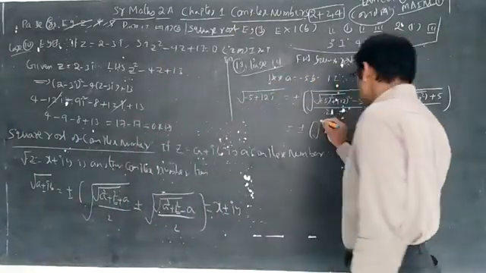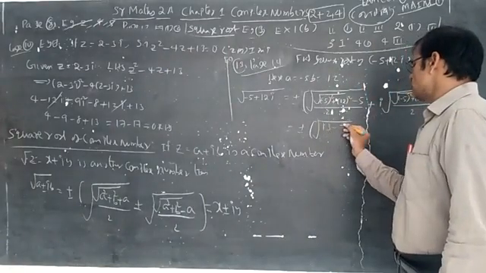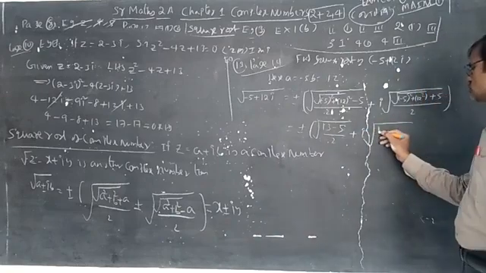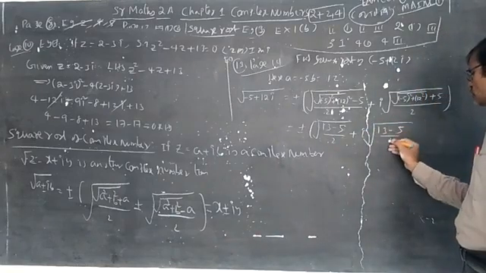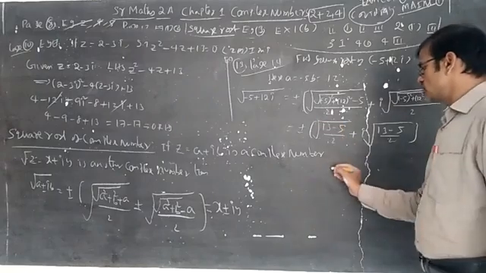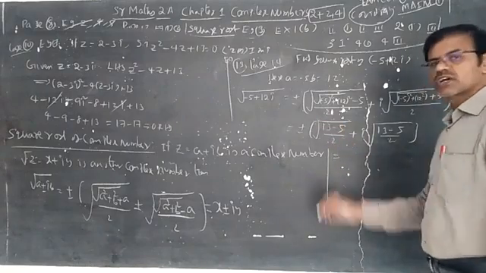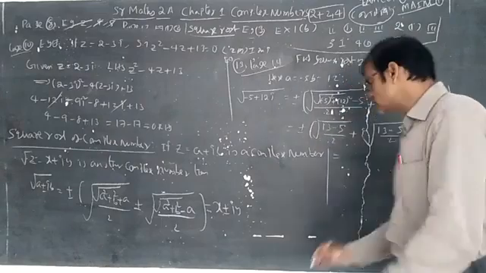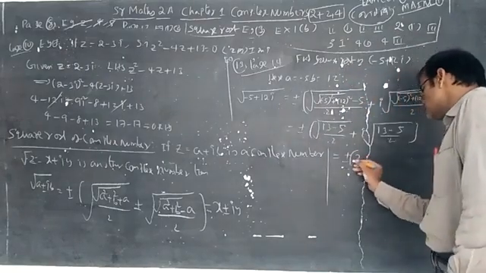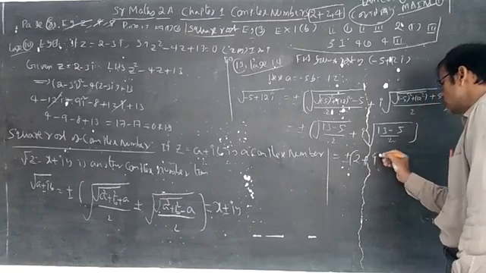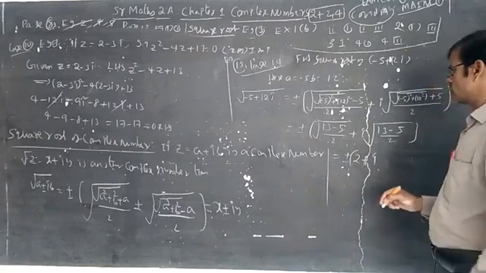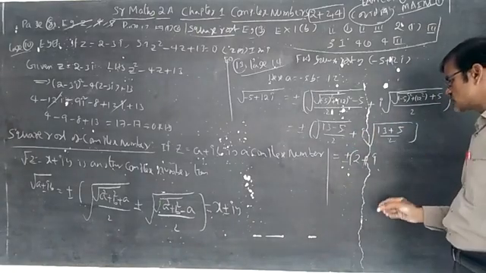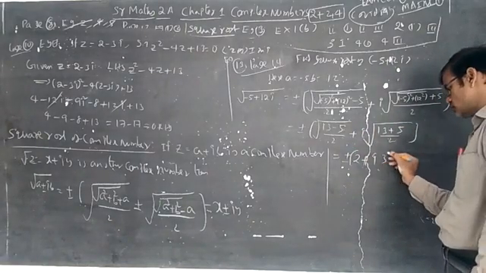Now root of 13 minus 5 whole by 2, plus i into root of 13 plus 5 whole by 2. 13 minus 5 becomes 8, 8 by 2 becomes 4, root 4 is 2. 13 plus 5 becomes 18, 18 by 2 is 9, root 9 is 3.